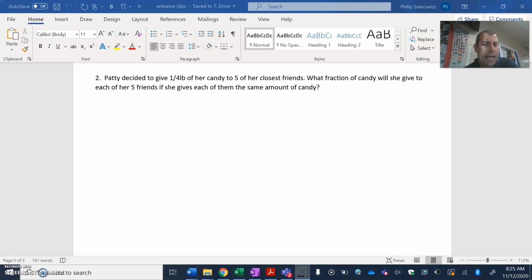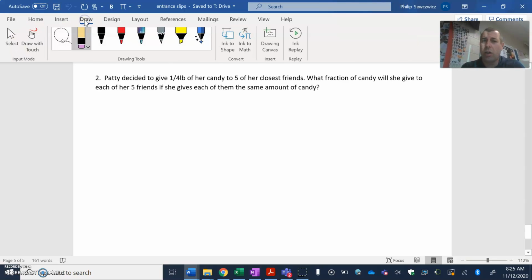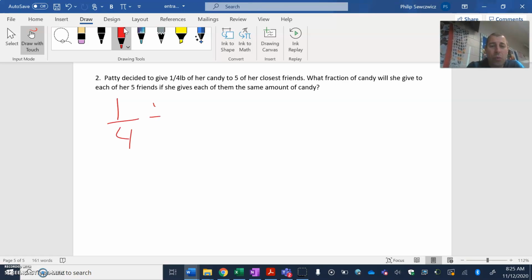Okay, so again, I think this is one where you might see the division a little bit stronger, because she has a quarter of a pound. She wants to divide it up between her 5 friends. I mean, if you see that, great.